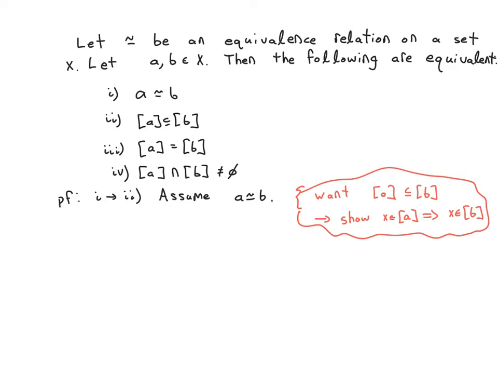One of the advantages of proving a theorem of the form the following are equivalent is that all you have to try to do is find some way to prove all the equivalences. So the approach we're going to take is this one. We're going to prove 1 implies 2, implies 3, implies 4, implies 1.